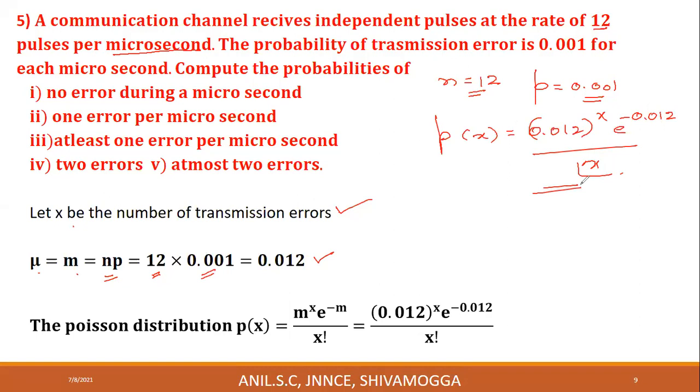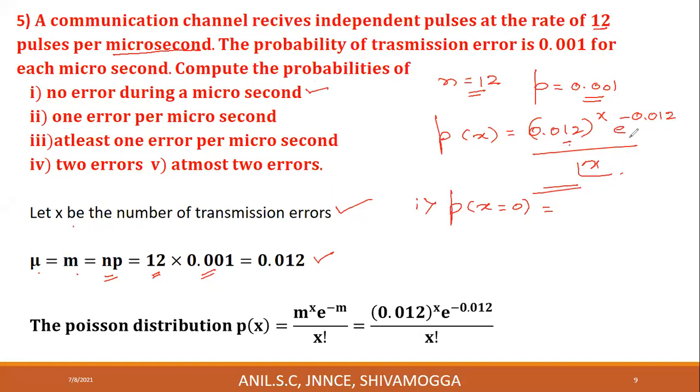Now let's consider these cases one by one. 5 cases are there. First case, no error during a microsecond. X denote the number of errors. Here no error means x is equal to 0. Put x is equal to 0. What you get here is 0.012 whole power 0, any finite quantity raised to 0 is 1, into e power minus 0.012 divided by 0 factorial is 1.